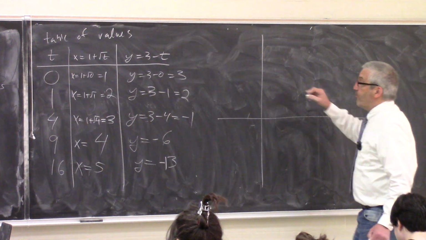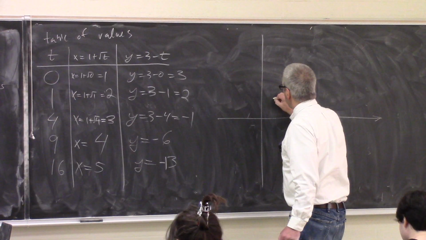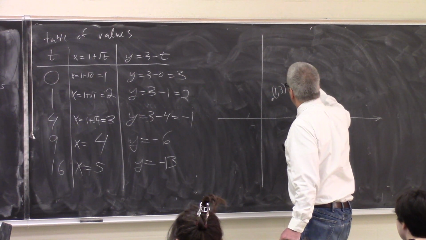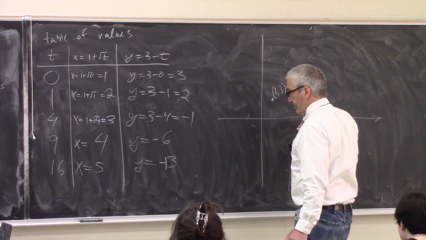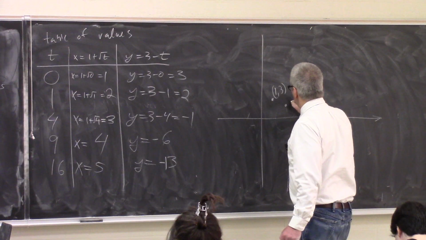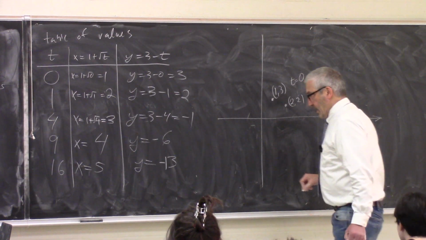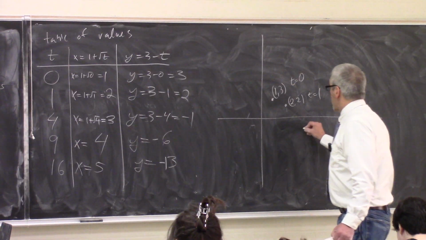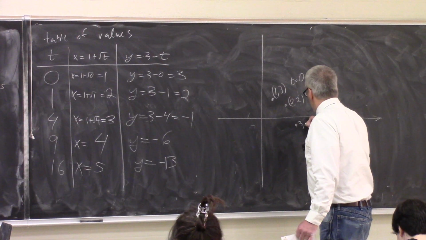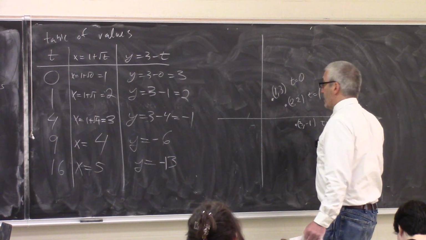So we need to have the point (1, 3). And this is at time t equals 0. The point (2, 2). That's at t equals 1. And (3, -1). That's at t equals 4.